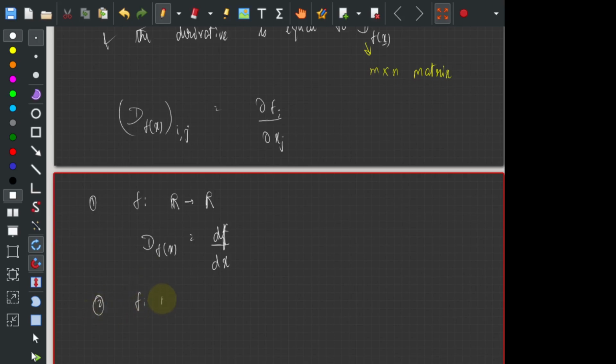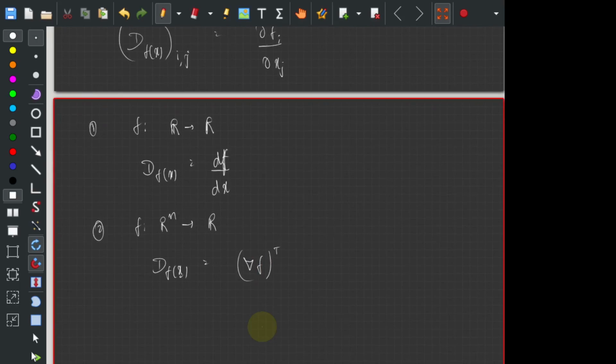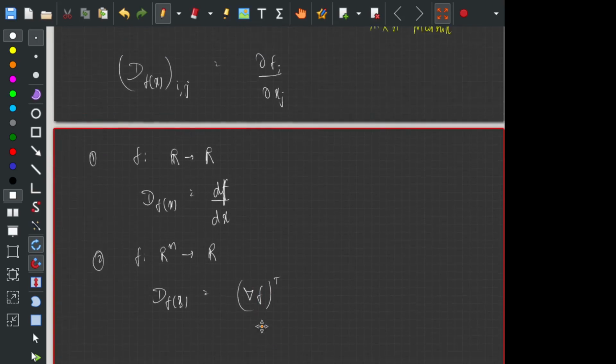So if f is from Rn to R, then this is simply the gradient of f transpose. So this is the definition of the Jacobian.